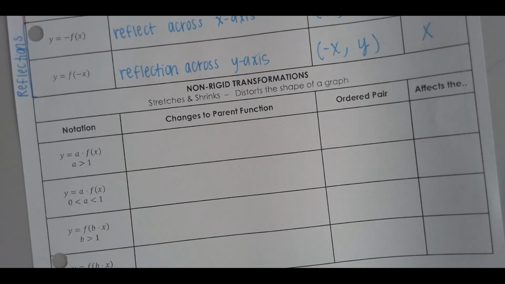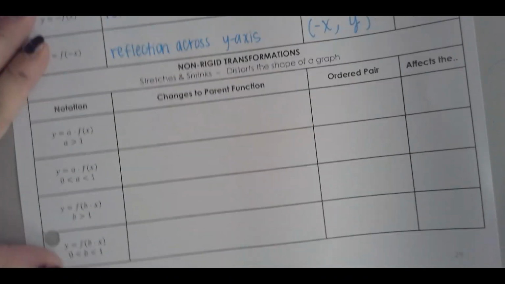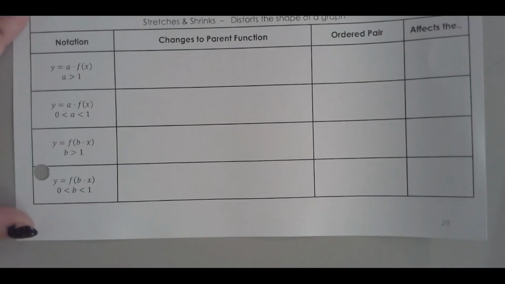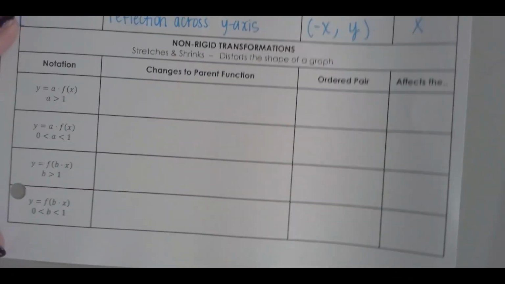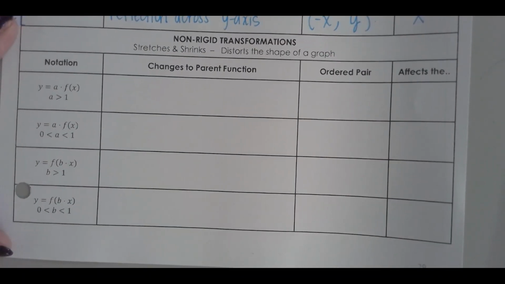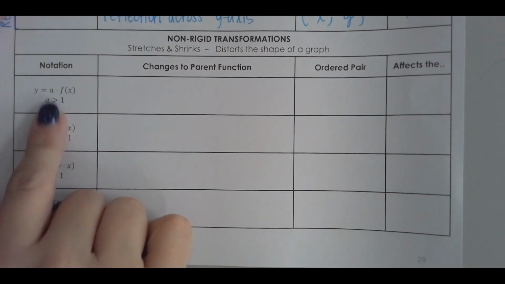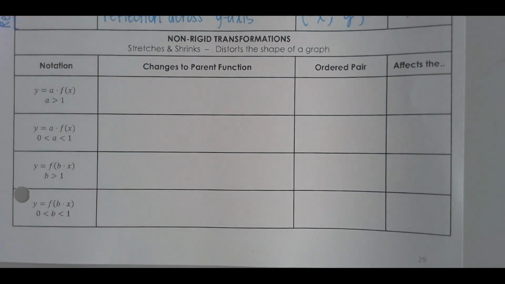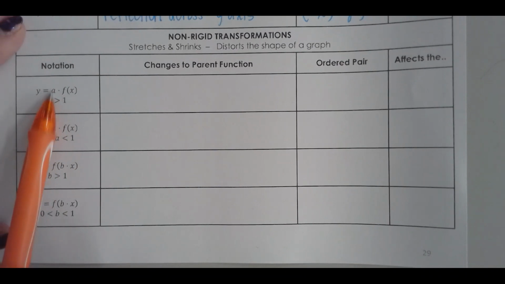And now we're getting into the dilations. These tend to be the hardest ones for most people. So dilations, we're looking for a number being multiplied in the front of the function or right in front of the x. So it's a number being multiplied. So here, I have an a value being multiplied.